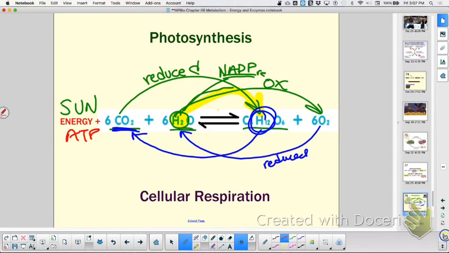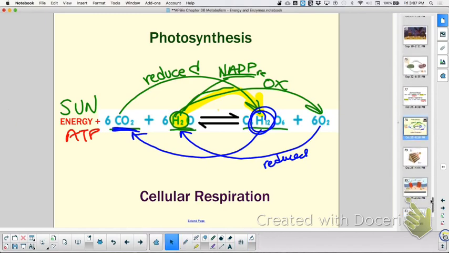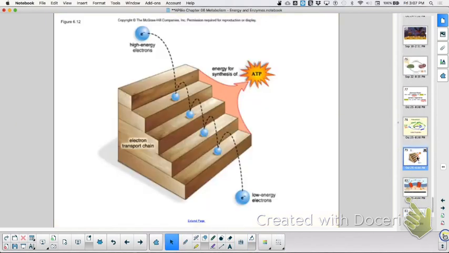Good. So we did that, and that should be pretty fresh in your head. And in order to achieve that, we do an electron transport chain, which is a series of redox reactions which enable us to set up, ready for this? You can do it. A chemiosmotic gradient.